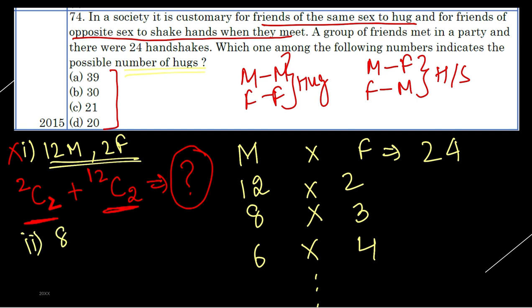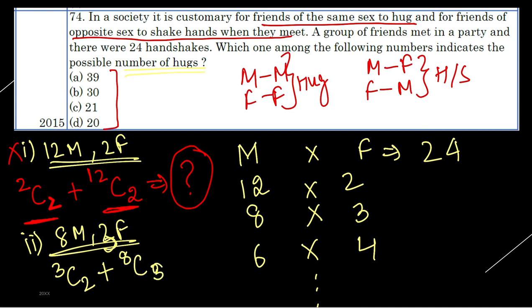Case number 2 is 8 males and 3 females. So how many hugs will be happening between females? 3C2, plus how many hugs will be happening between males? 8C2.